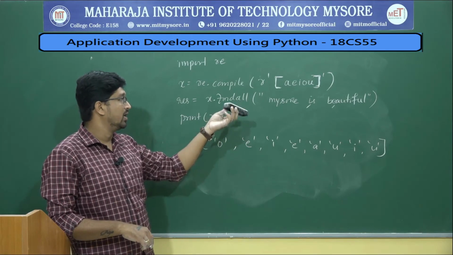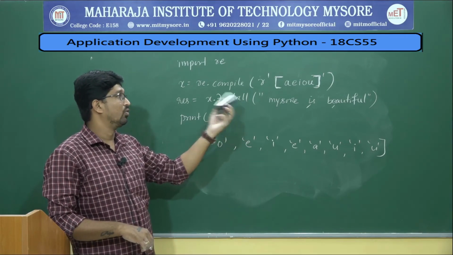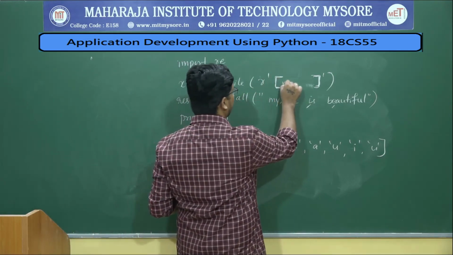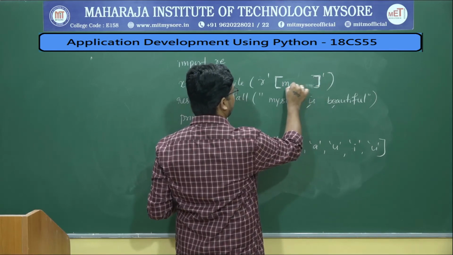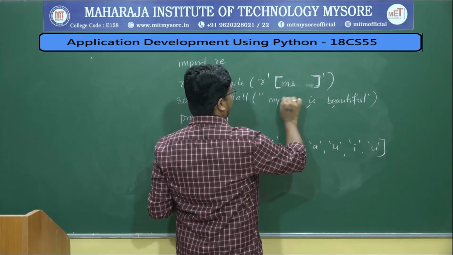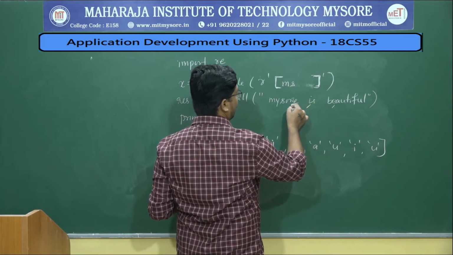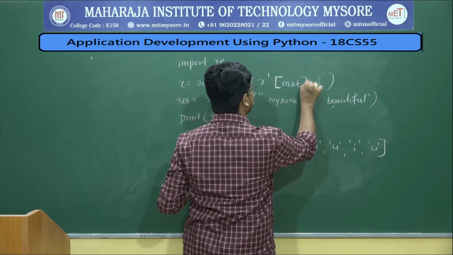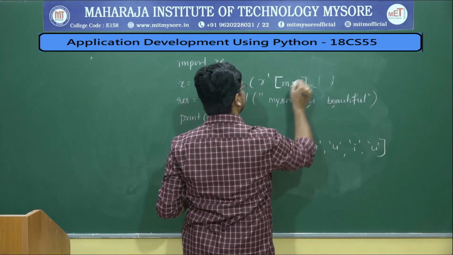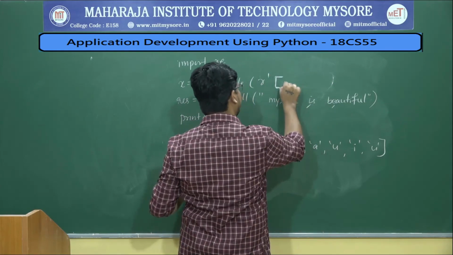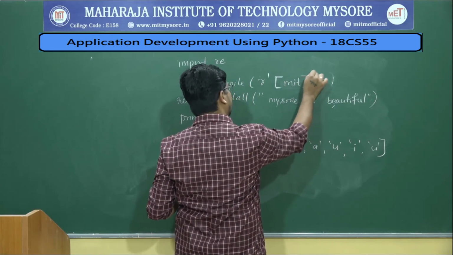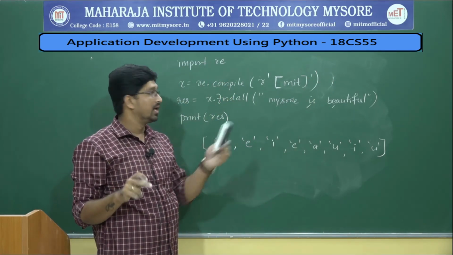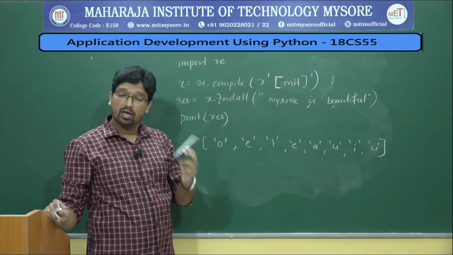Okay, if you want to match only, let us say M, Y, S, or only M, you can still write. Let us say I want to match M, S, T, or if you want to match MIT, but MIT is not matched as a whole string because we have written a square bracket, it will match individual characters.